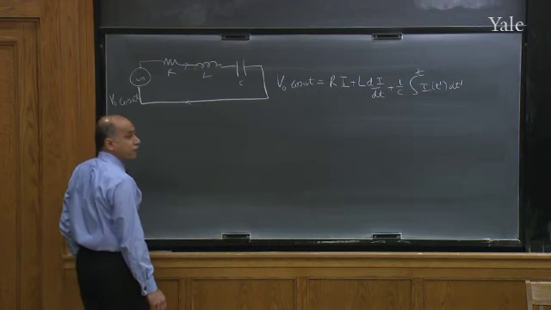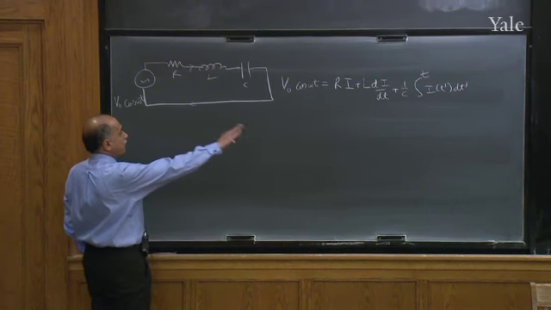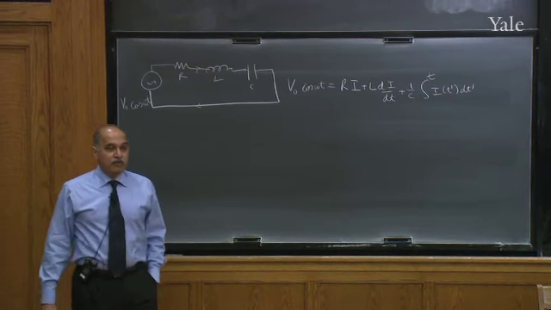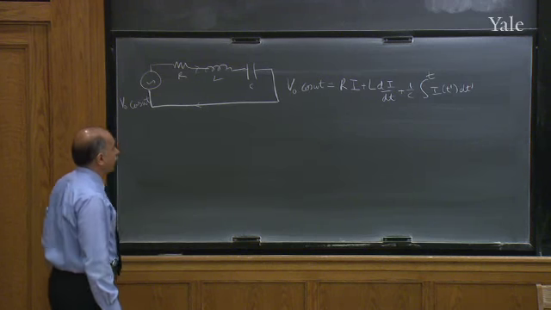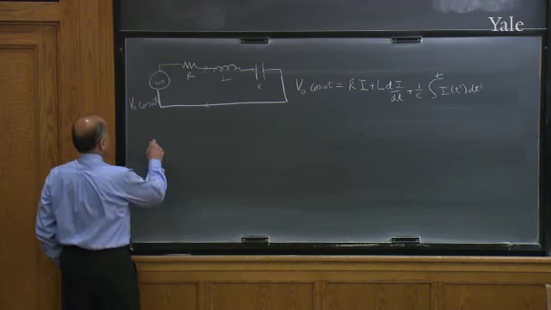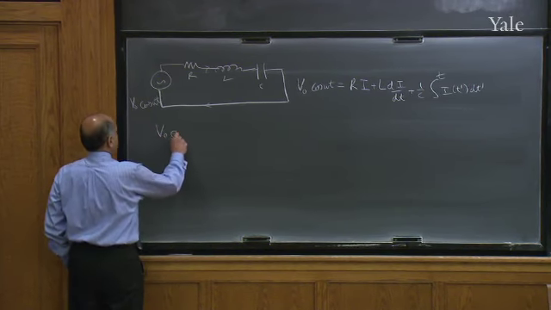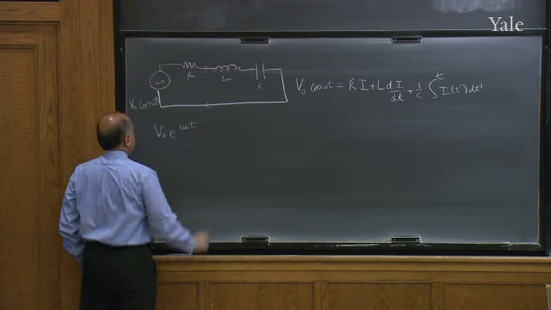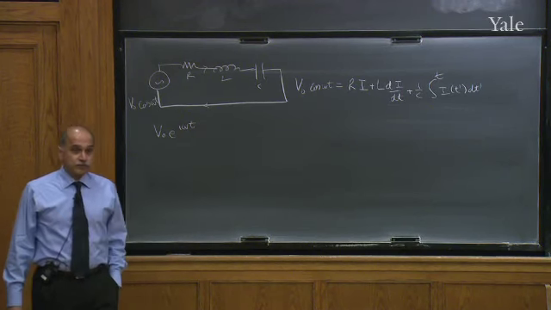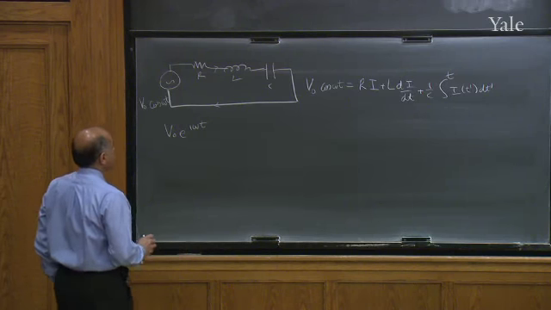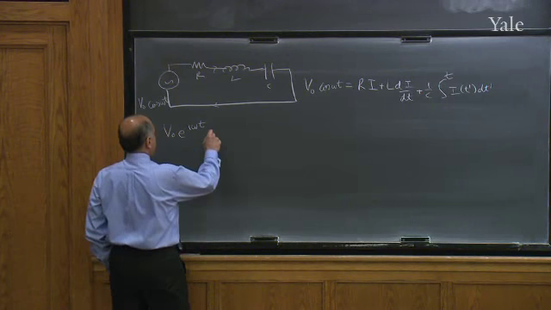And here is the trick. I ignore this problem, and I solve the following problem. Purely a mathematical device. The problem I solve has a voltage V naught e to the i omega t. We all realize that you cannot get a source that does that, but it's pure mathematics.